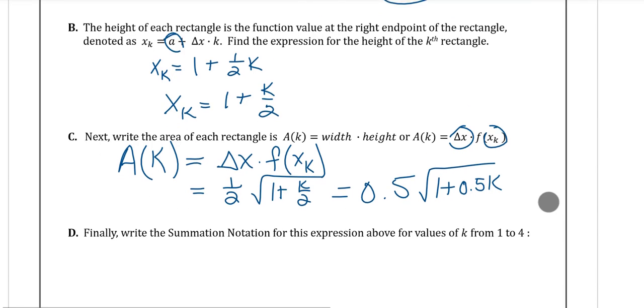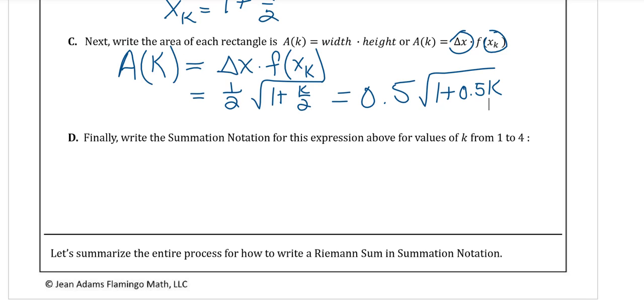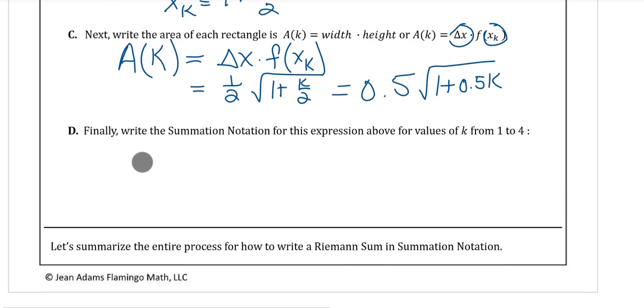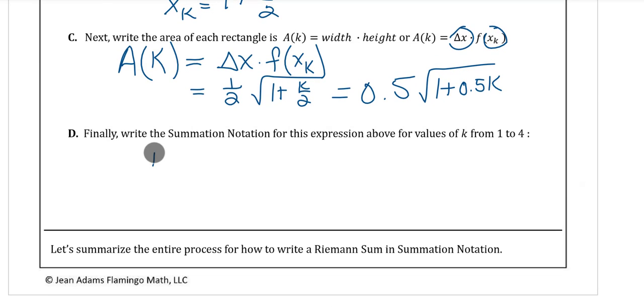And now we're going to write the summation notation for the values of k. So we're going to write our sigma. We're going to start at 1 to 6 because we have 6 rectangles. And so this is going to look like this.